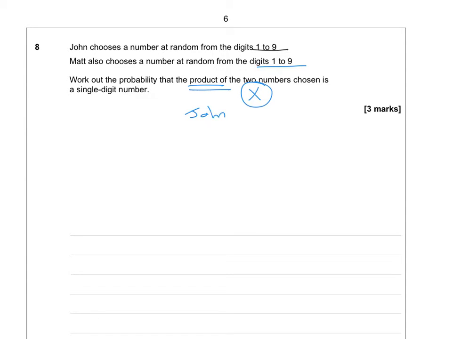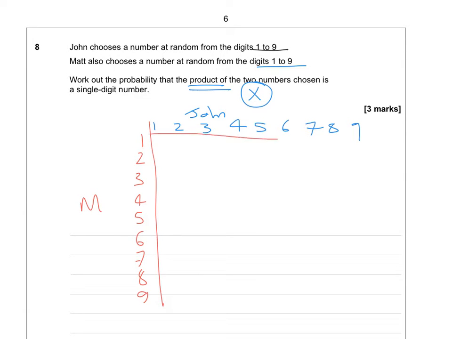So John's numbers 1, 2, 3, 4, 5, 6, 7, 8, 9. And then Matt's number choices 1, 2, 3, 4, 5, 6, 7, 8 and 9. Now we're looking for all the single digit combinations that result from multiplying two of these numbers together.